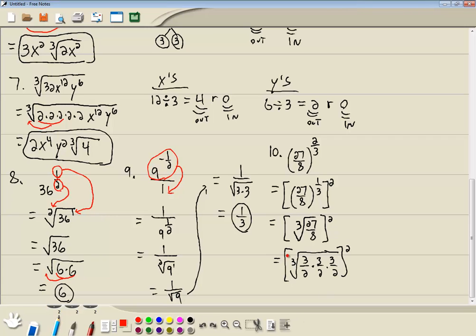Remember, with an index of 3, I'm looking for a set of 3 of something. Right here I got 3 3/2. So those 3 3/2 comes out in front as a single 3/2. So we're going to have 3/2 to the 2nd power. So then we square the 3, which gives us 9, and square the 2, which gives us 4. So our answer is 9/4.